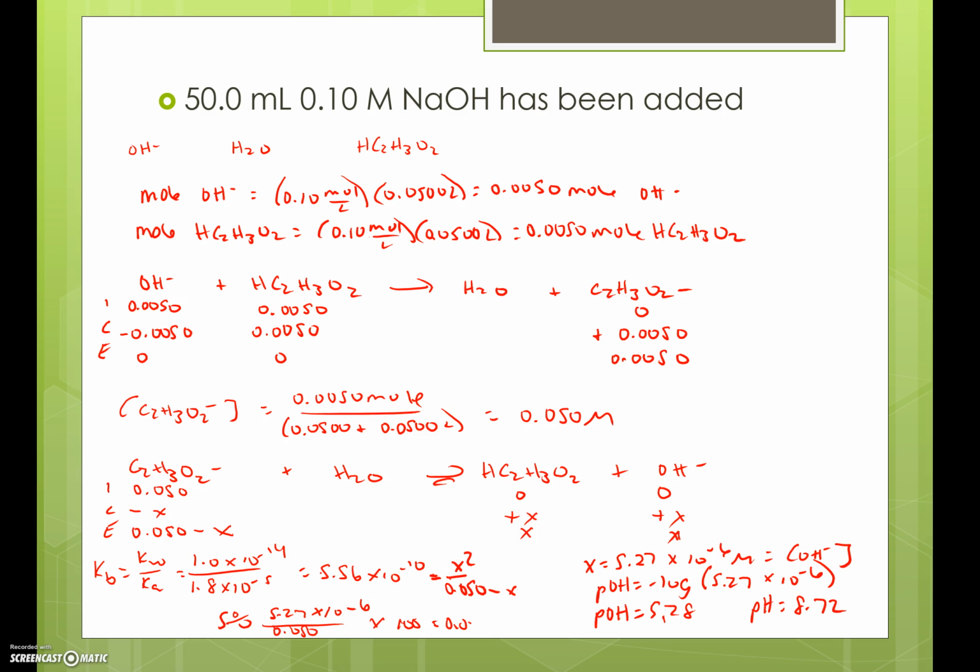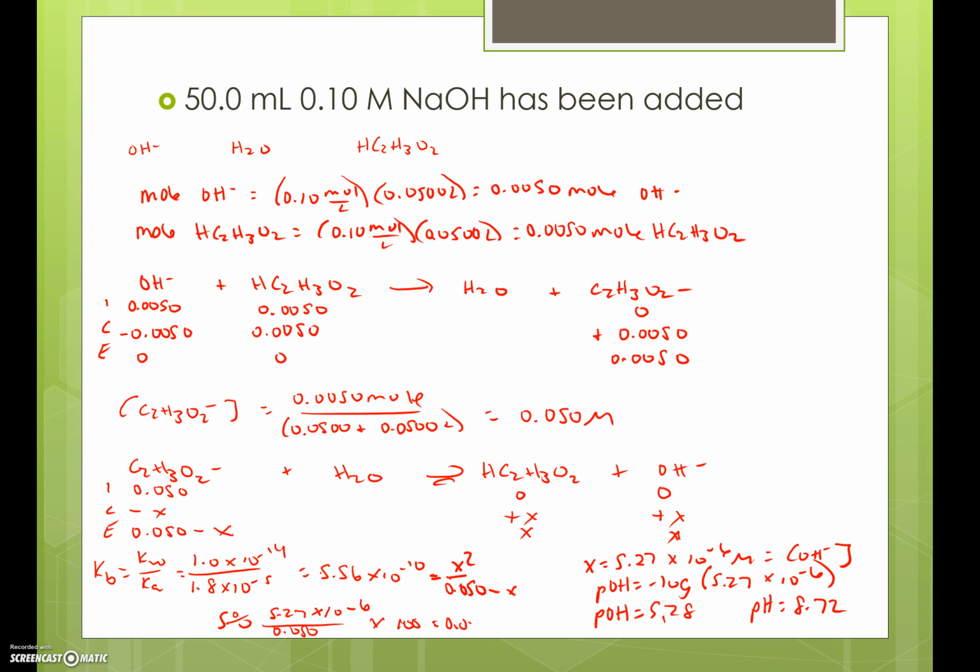That acetate ion will react with water to produce acetic acid and hydroxide ions. We'll plug our values into our ice chart. Since we're looking at a base, we'll need Kb, so we'll take Kw, divide it by Ka, and that will give us Kb.